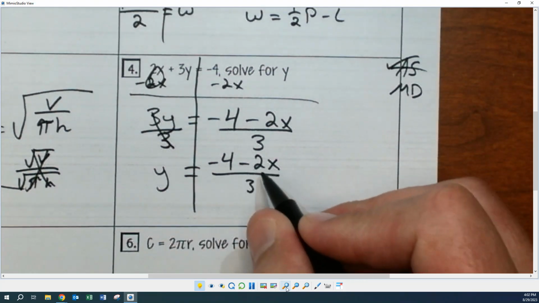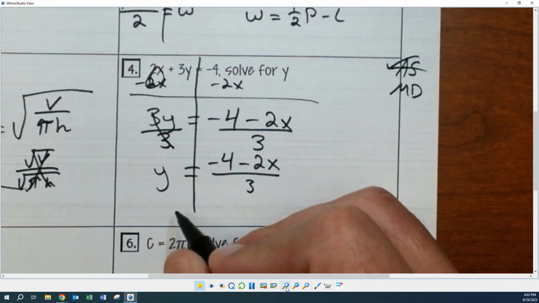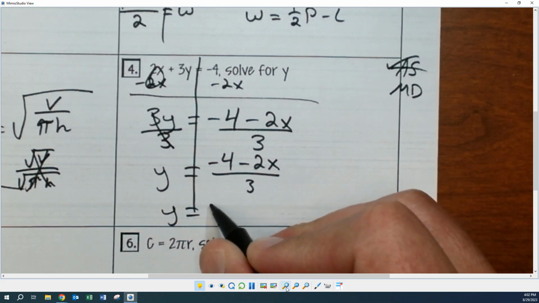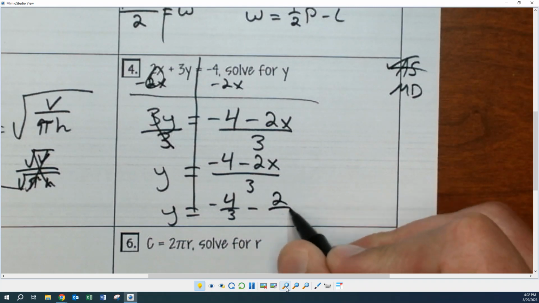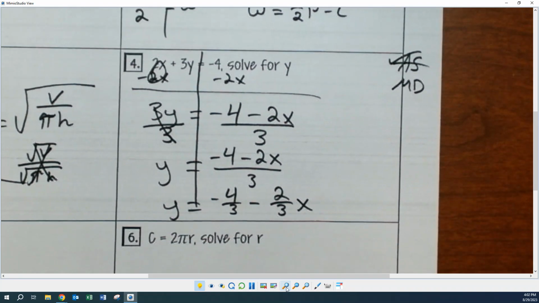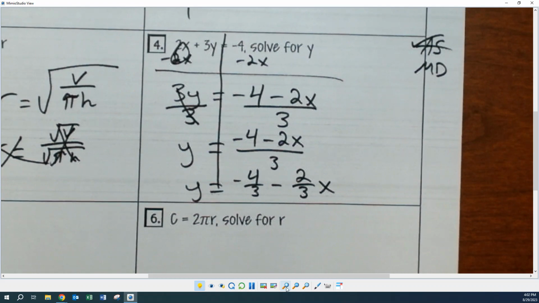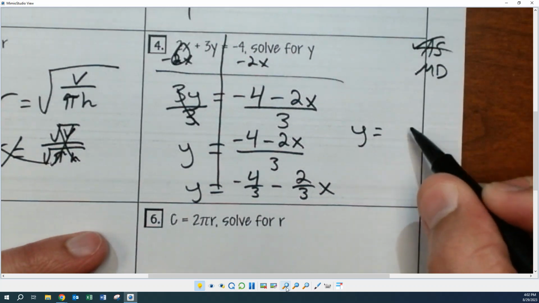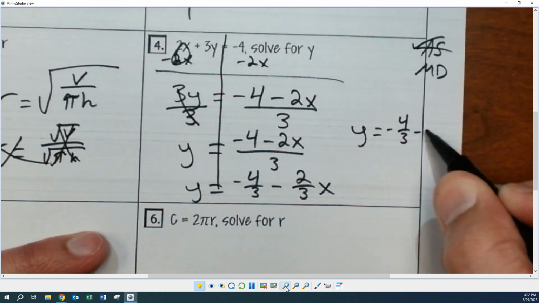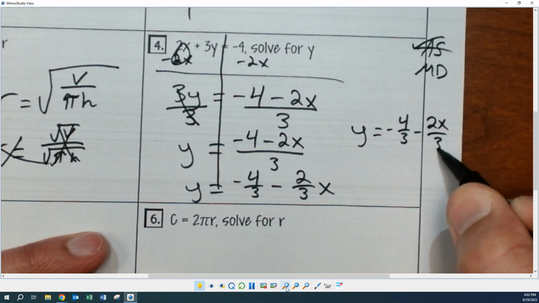Again, this could be distributed between them. This could be y equals negative 4/3 minus 2/3 x. We have to be comfortable with that idea because our answers could look very different. It could also be y equals negative 4/3 minus 2x over 3.